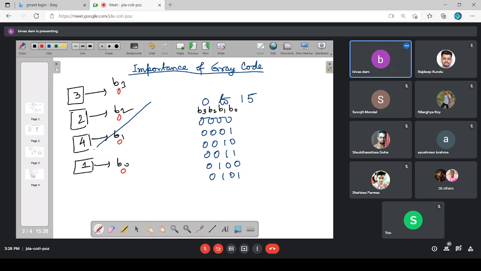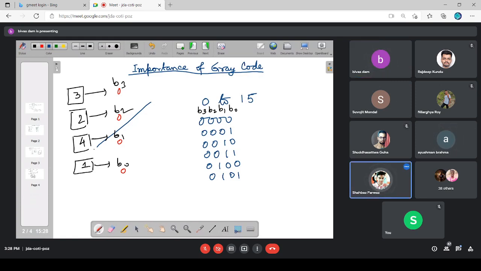Now, after a certain time, as the temperature is increasing, the output should become 1.